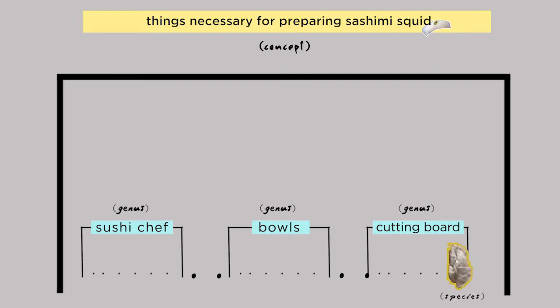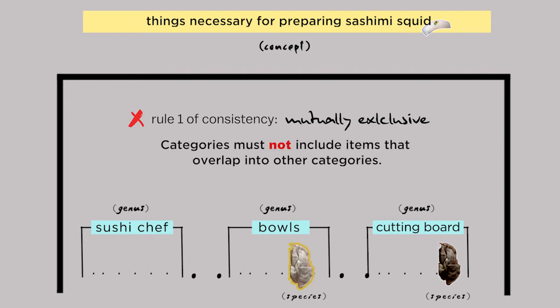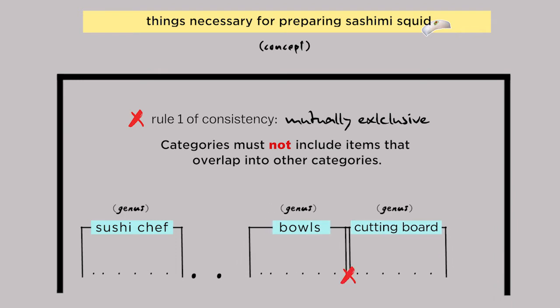You might use the rag to wipe the cutting board, but you might also use it to wipe the bowls as well. Since the rag can go in either category, your categories are not mutually exclusive. They don't clearly separate themselves from the other categories based on the things that you're categorizing, and therefore, the categories you selected are not consistent.